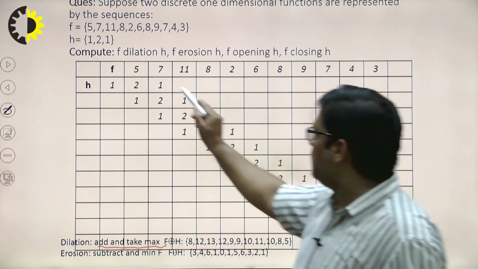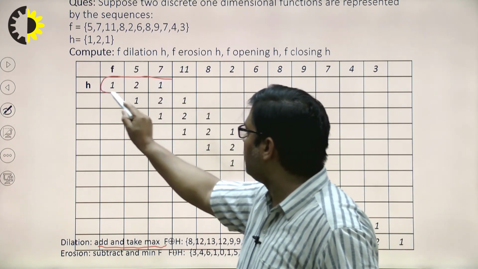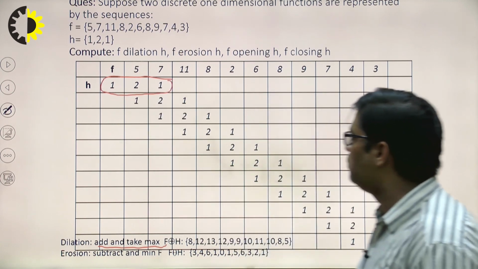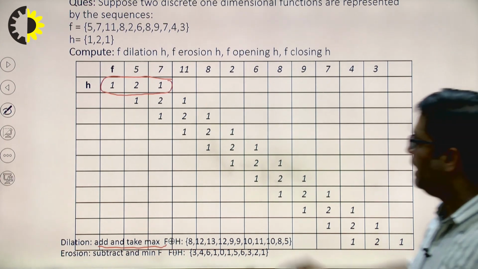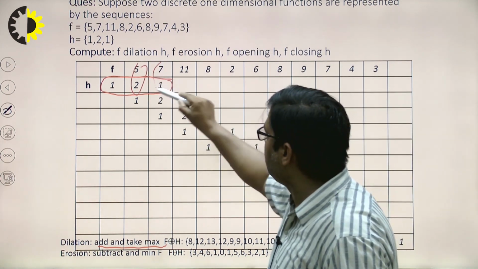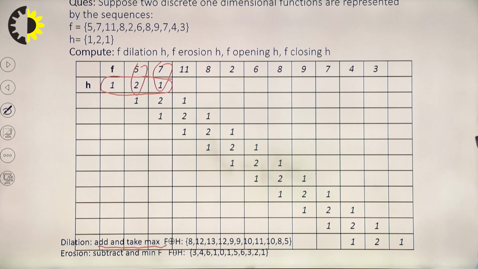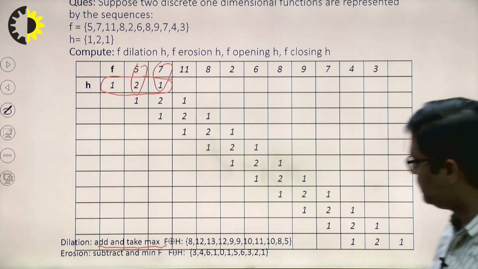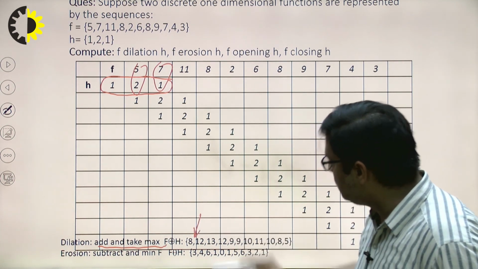First of all, I apply this structuring element by shifting it 1 to the left. Now I add 5 and 2, which is 7, and 7 and 1, which is 8. The maximum is 8, that's why the answer has 8.